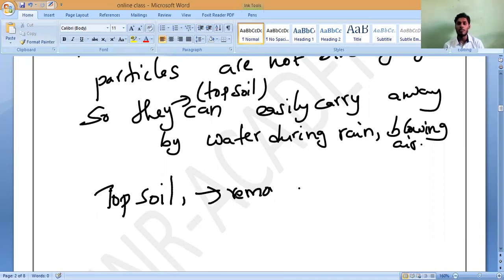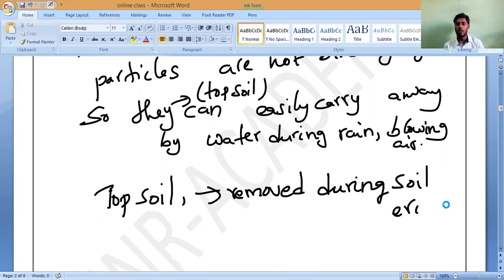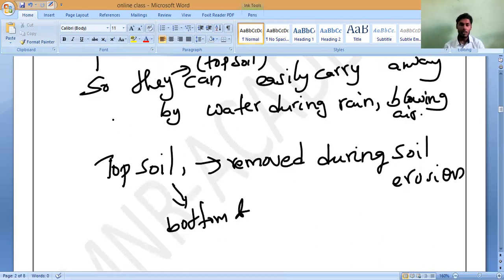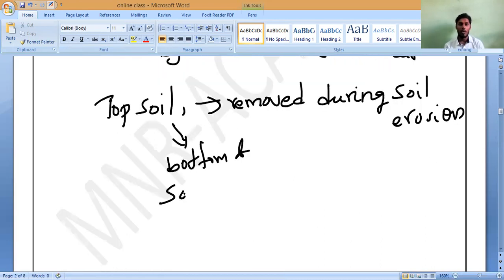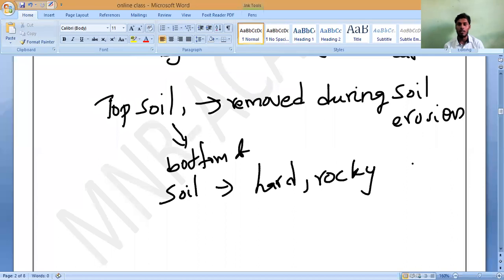If this topsoil is removed during soil erosion, then what will happen? What will be present at the bottom of this topsoil? The bottom of the soil is very hard, rocky soil, and it will come out. Is it yes or no?